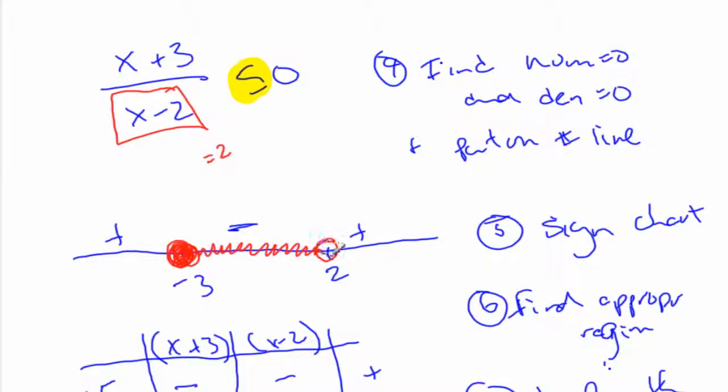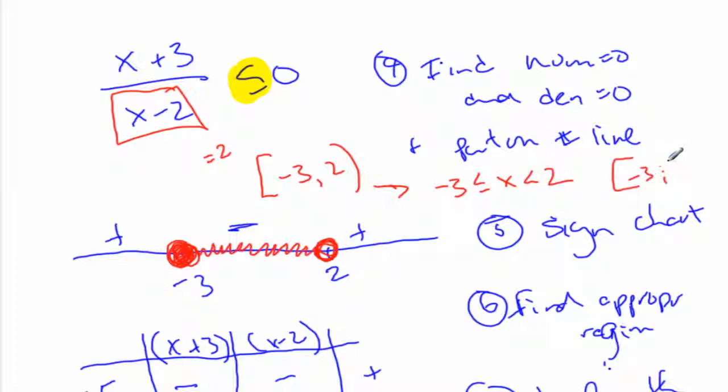So this is an open circle here. And so the final answer to that question is the region from negative 3 to 2, including negative 3, not including 2. That's the same thing as saying negative 3 is less than or equal to x, less than 2. Or I could use this notation, with x greater than or equal to negative 3, not equal to 2, in between there.